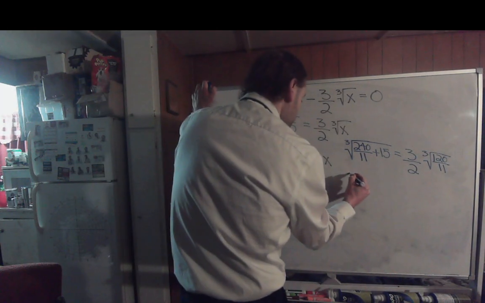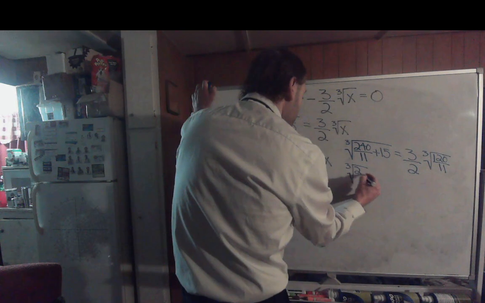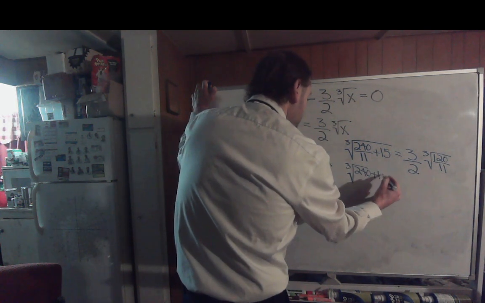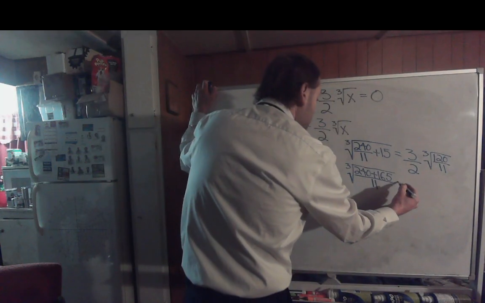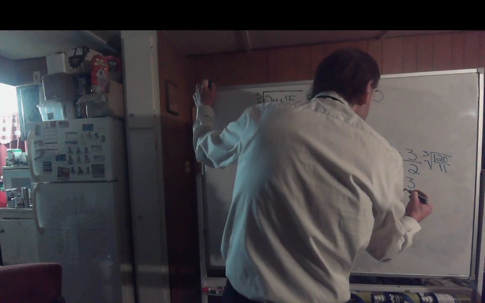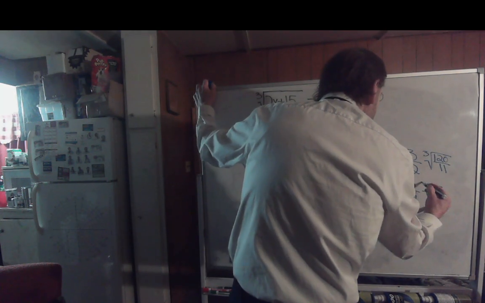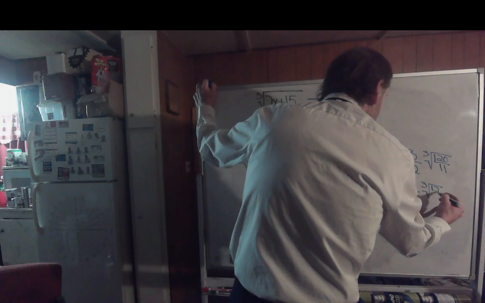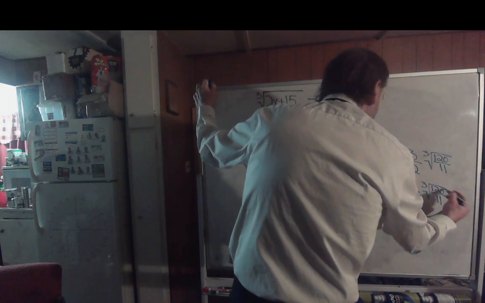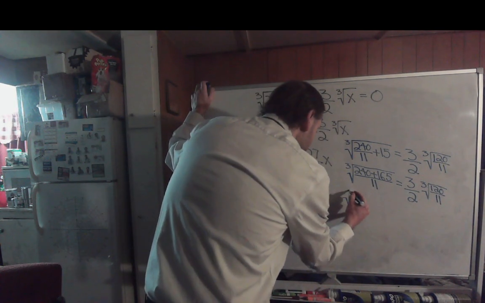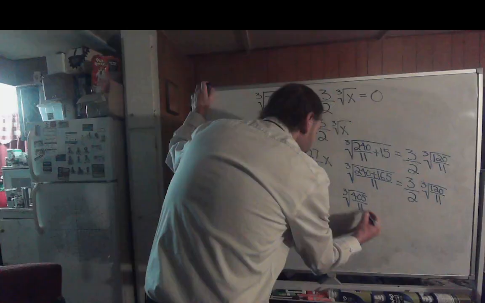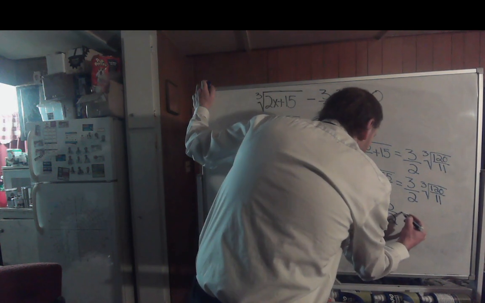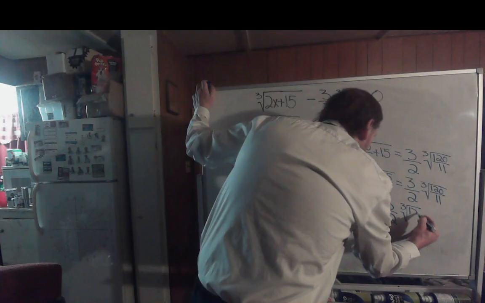So this is going to simplify into the cube root of 240 plus 165 over 11 equal to 3 halves times the cube root of 120 over 11. So this would turn into the cube root of 405 divided by 11 would equal 3 halves times the cube root of 120 over 11.